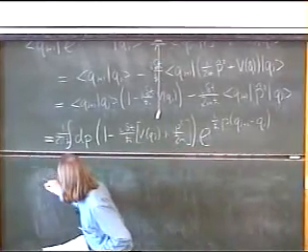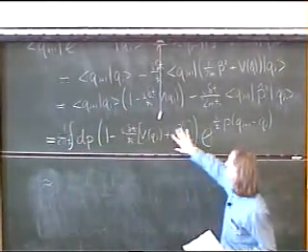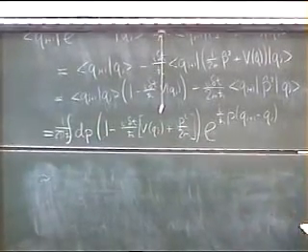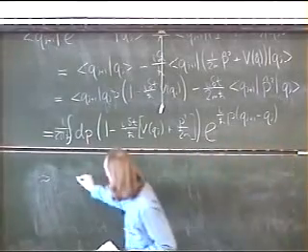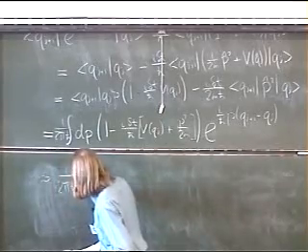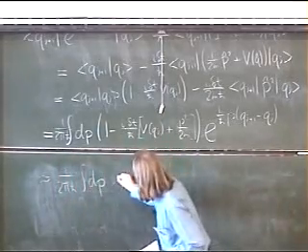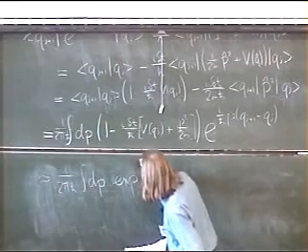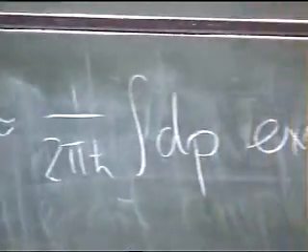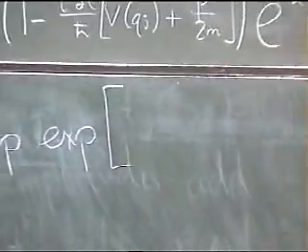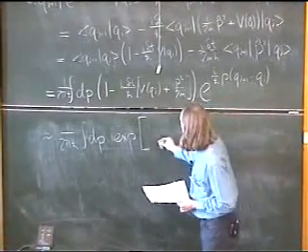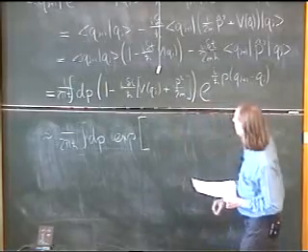To that order, I've got 1 plus something with a linear factor of delta t, so I can call it an exponential. So this 1 over 2 pi h bar integral dp, I can say this is the exponential of that factor, because when I expand it I get 1 plus that factor, and everything else is of order delta t squared, which I don't care about. To that approximation, this is the exponential of that.